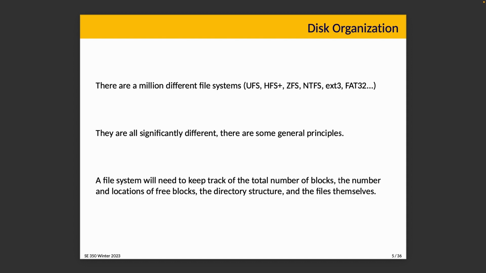Now, all that's kind of abstract. We'll also talk about disk organization more generally. And there are a million different file systems. There's UFS, the Unix file system, HFS Plus, which was used in Mac OS before the newer APFS replaced it, ZFS, NTFS, EXT3, FAT32, all of them.